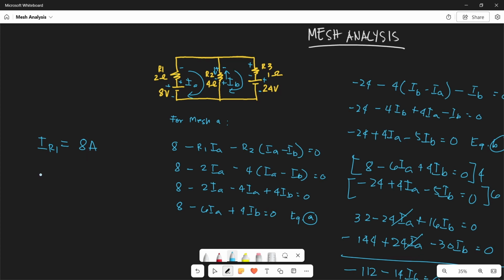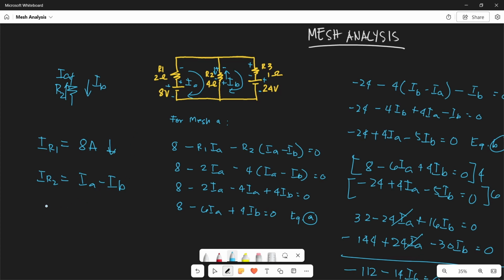So current IA is negative 4 in the clockwise direction, or 4 amperes in the counterclockwise direction. So that's the only current flowing through R1. For the current flowing through R2, let's say IR2. So if we redraw R2 here, we have the current IB downward, and then we have the current IA upward. So IR2 will be IA minus IB. So let's put the direction here. So this one, IR1 is 8 amperes downward.